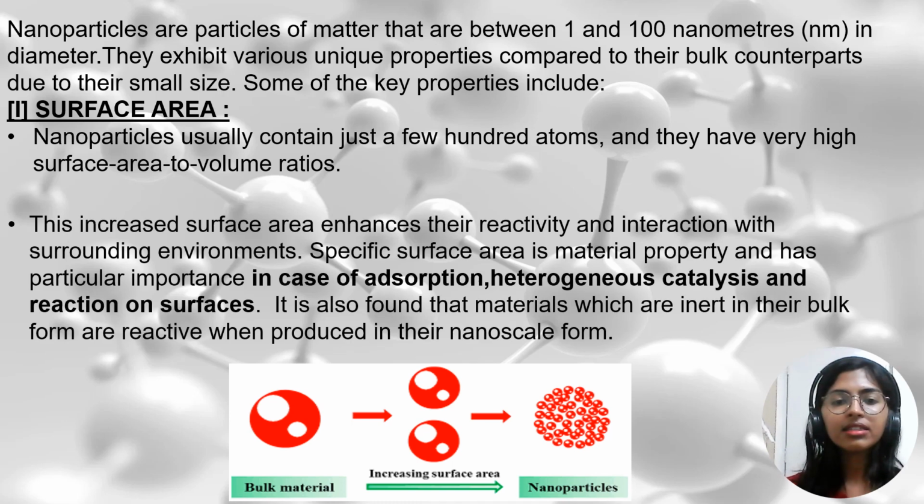This increased surface area enhances their reactivity and interaction with surrounding environments. Specific surface area is a material property that has particular importance in case of adsorption, heterogeneous catalysis, and reaction on surfaces. It is also found that materials which are inert in their bulk form are reactive when produced in their nanoscale form.